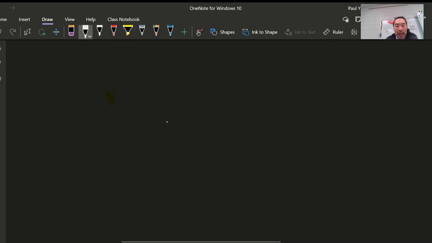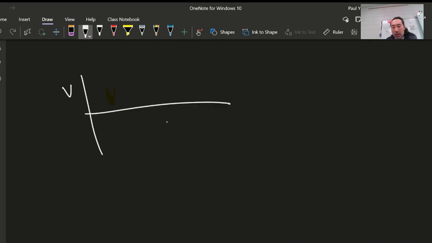Let's start off with a velocity time graph. With the velocity time graph, we know that the starting velocity will be 0. And for the sake of this graph, we'll just make the direction that it is moving positive. It should be negative, but just for the sake of what the graph looks like, we'll make it positive.